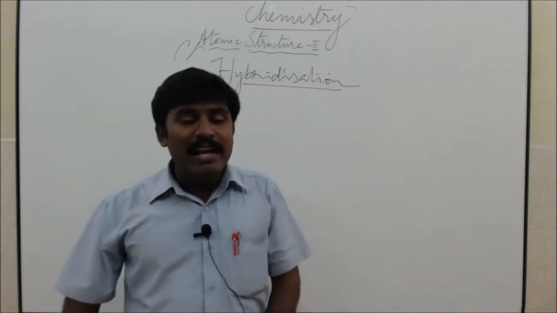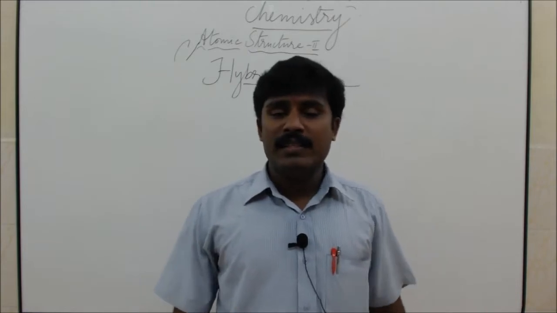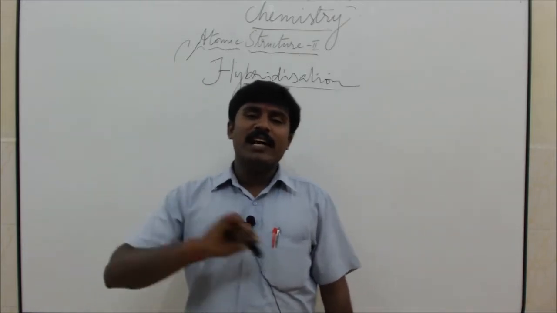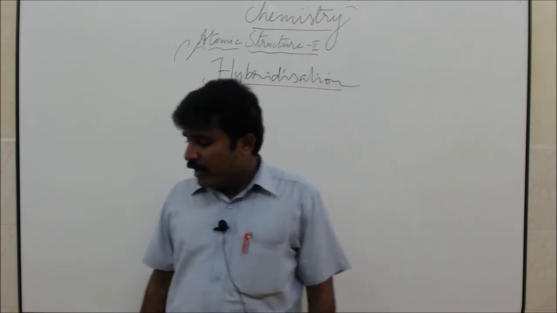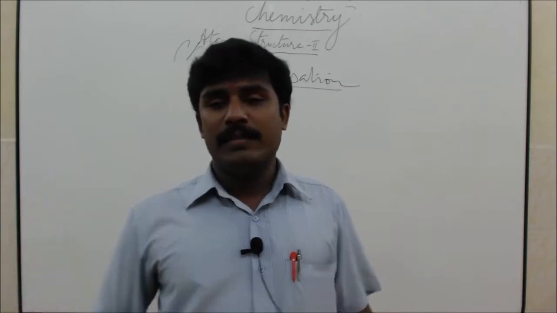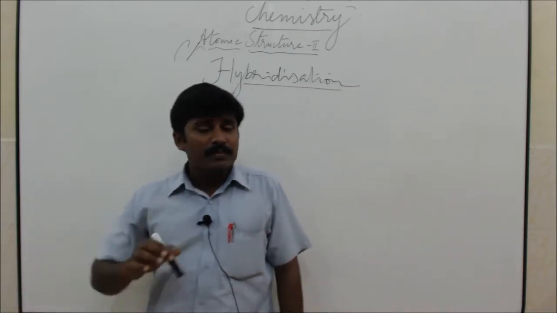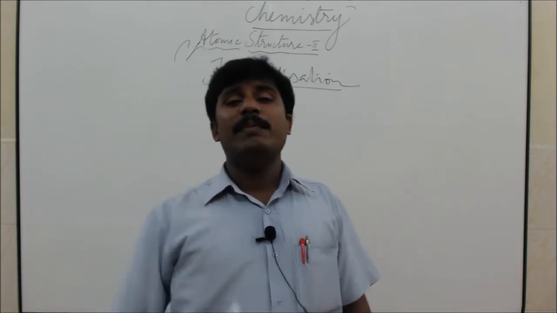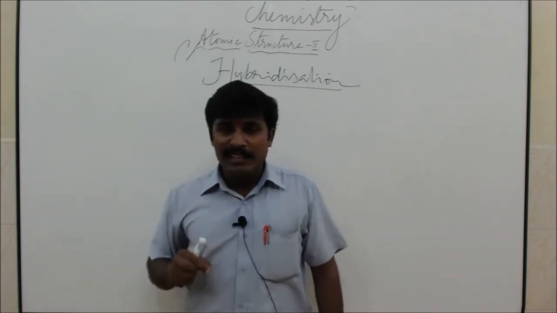Now the salient features regarding hybridization, that is a 5-mark question. The orbitals involved in hybridization should have the same energy, and the shape also the same. Which orbitals are going to be involved in hybridization must have the same shape.